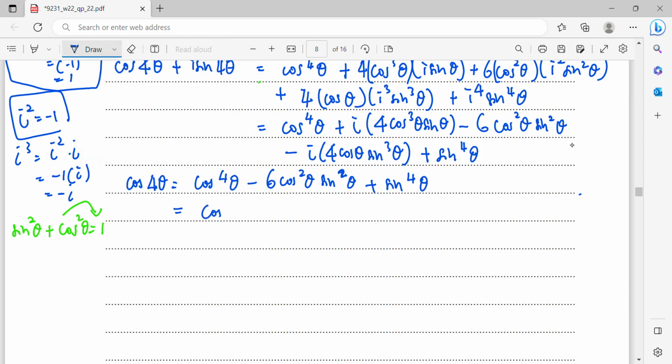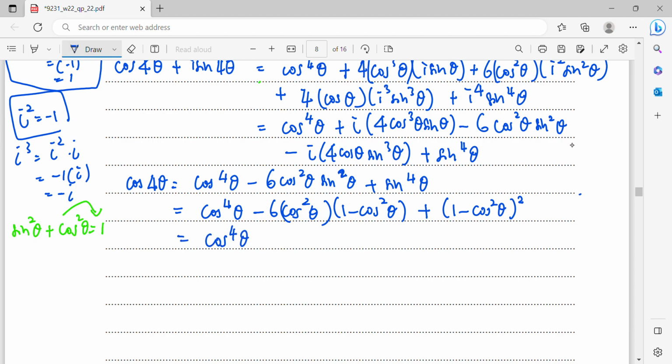So here, cos^4 theta minus 6 cos^2 theta multiplied by 1 minus cos^2 theta plus the sin^4 theta, which is 1 minus cos^2 theta, then another square, because it is the square of sin^2 theta. So now, just do the expansion.